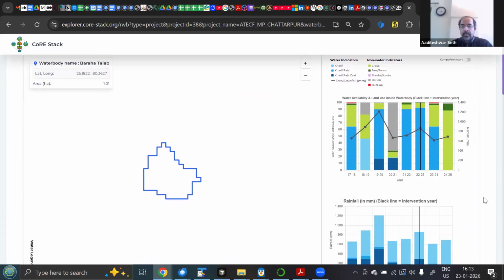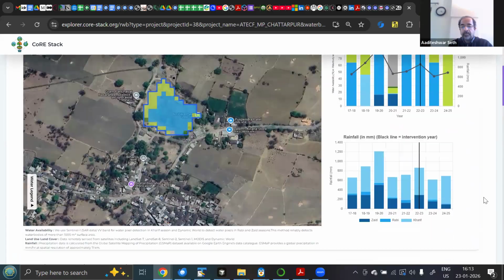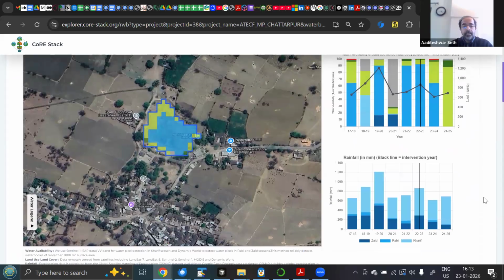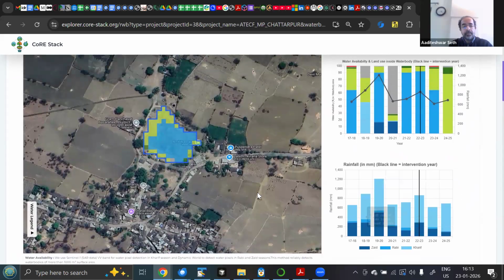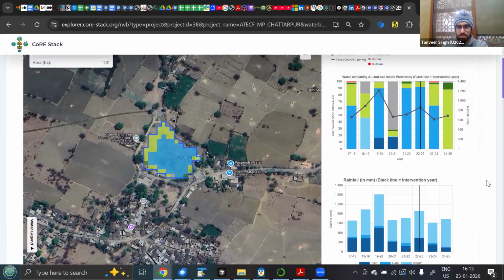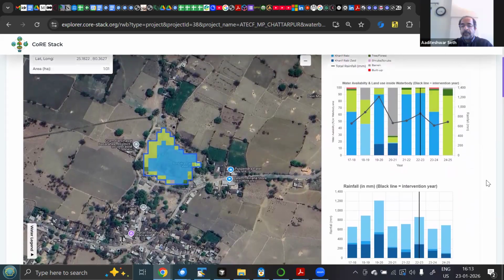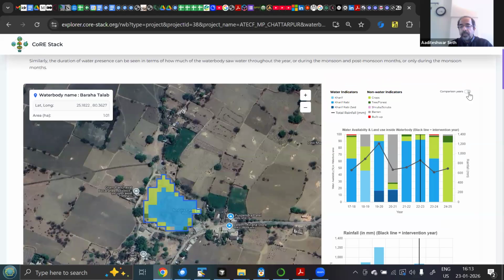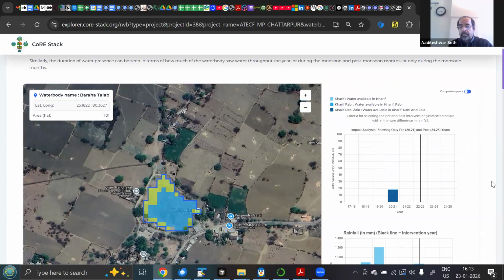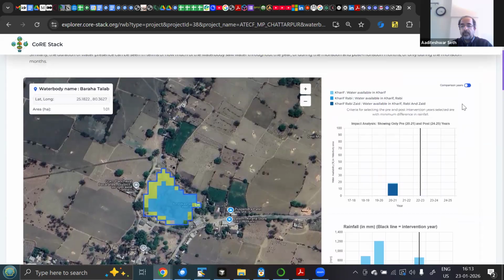It could be for various reasons. Maybe there was more high pumping usage of water. Yeah, high usage of water might have happened. So actually it could be 23, 24.